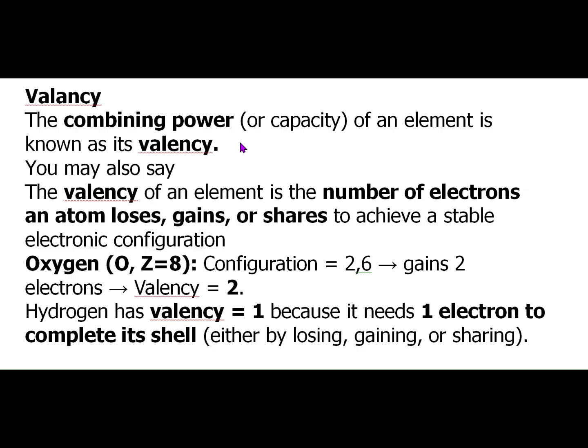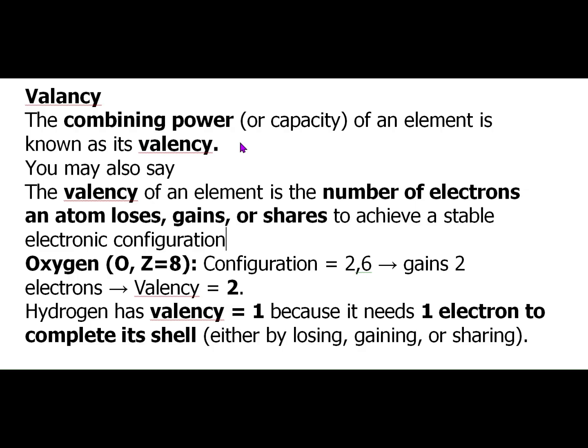That is denoted by its valency. You may say the valency of an element is the number of electrons an atom loses or gains or shares to achieve stable electronic configuration.